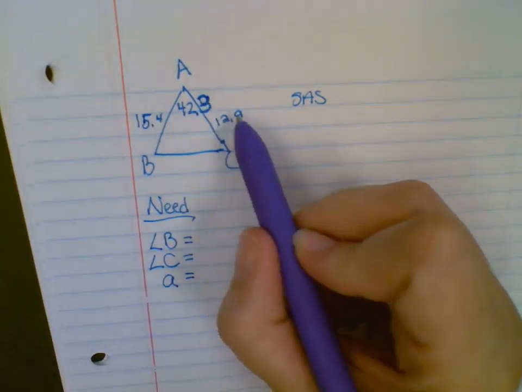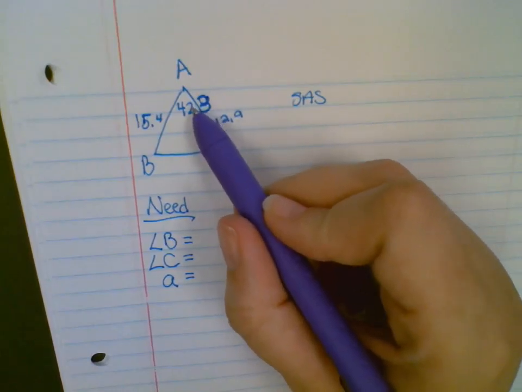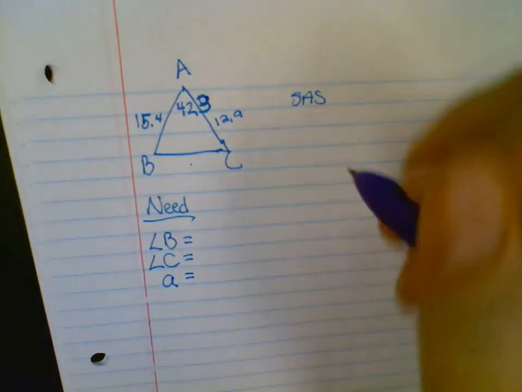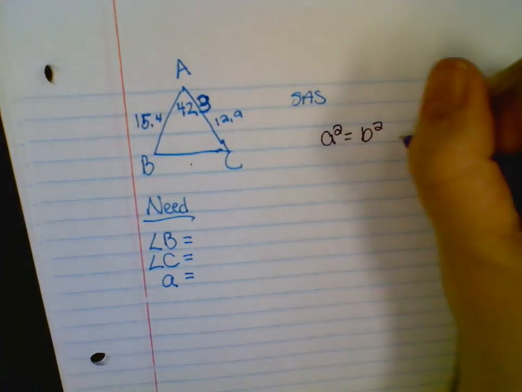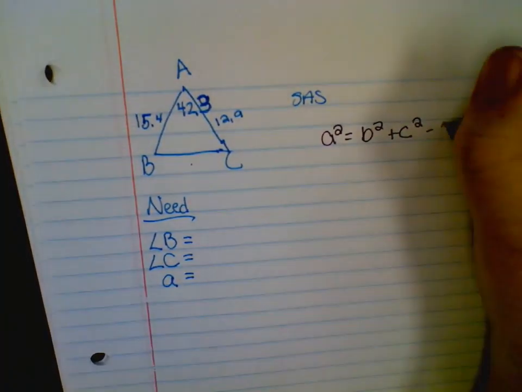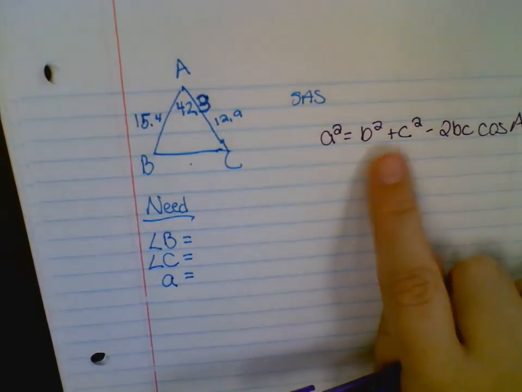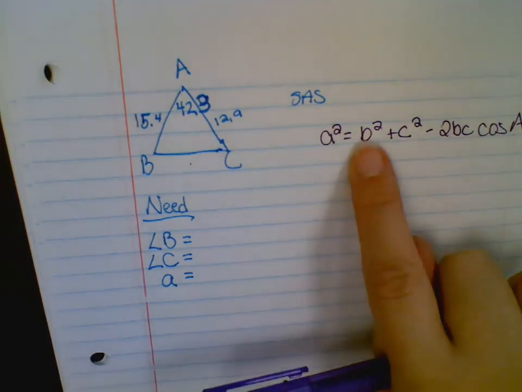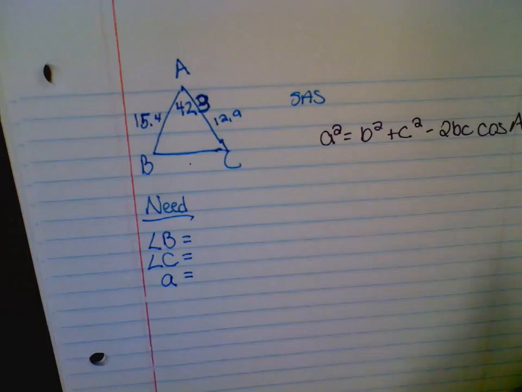because since we have angle A in the formula, it's the side. So our formula was A squared equals B squared plus c squared minus 2bc cosine of a. So we were given b, c, and angle a. So we have everything on this side, which is why we're finding side a first.